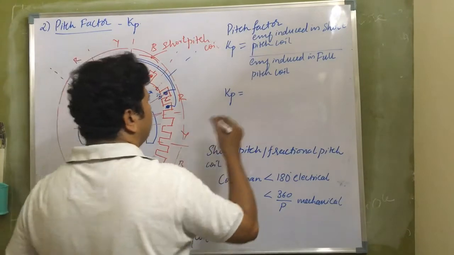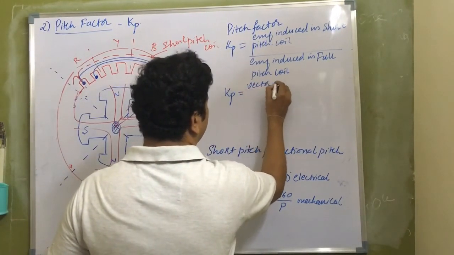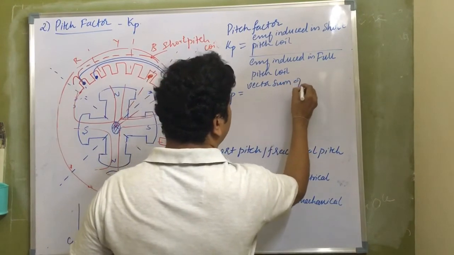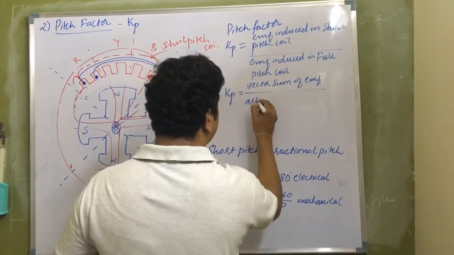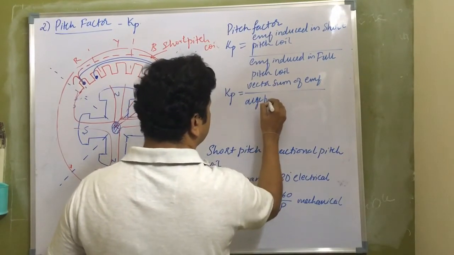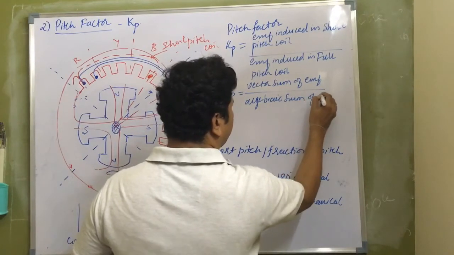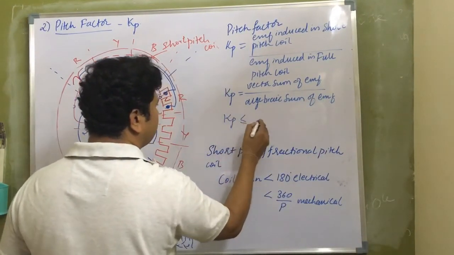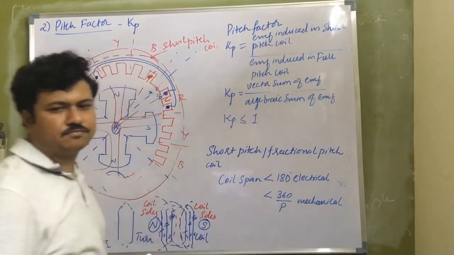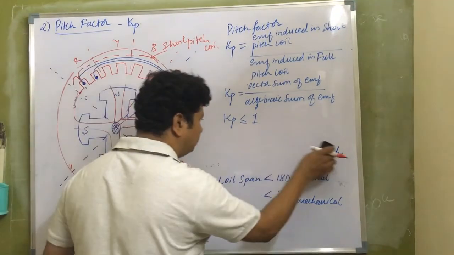So Kp is the vector sum of EMFs divided by the algebraic sum of EMFs. This Kp is always less than or equal to 1.